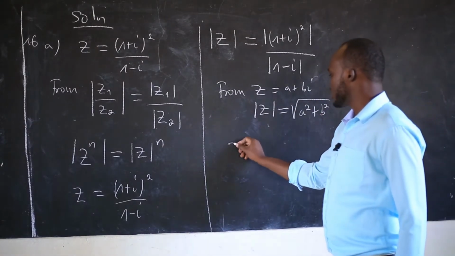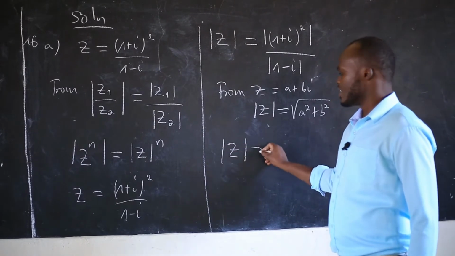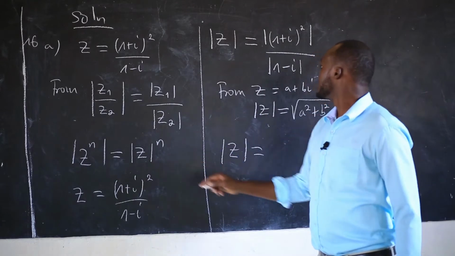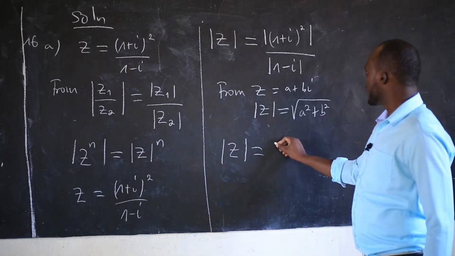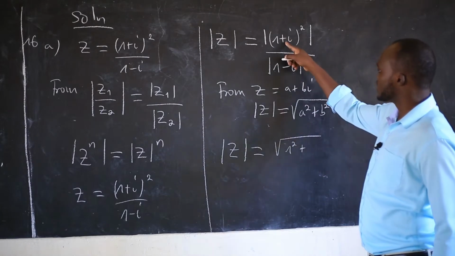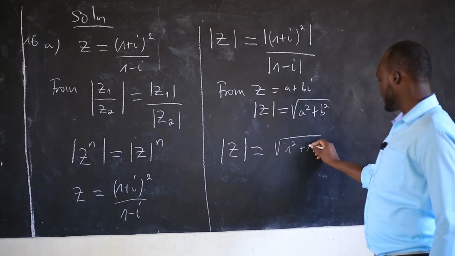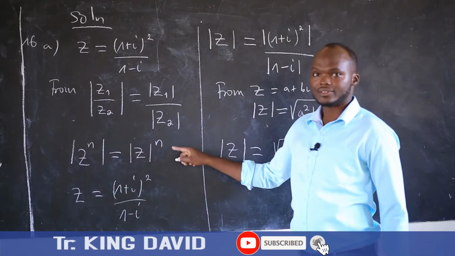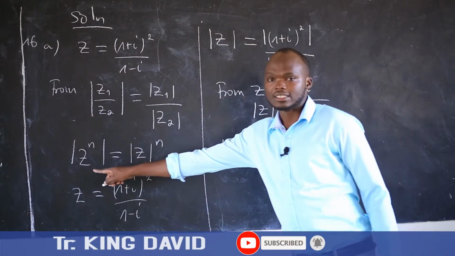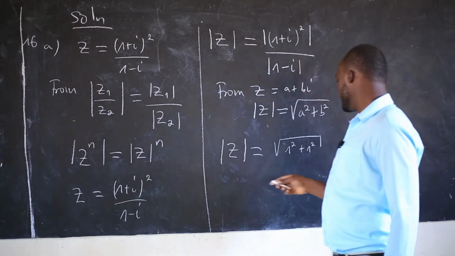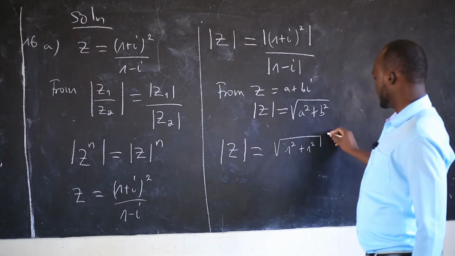So from this property, we get the square root of 1 squared plus the coefficient of i, which is also 1 squared, then power n, because the modulus of z to the power n is the same as the modulus of z, then power n. Our n is 2, so then squared.